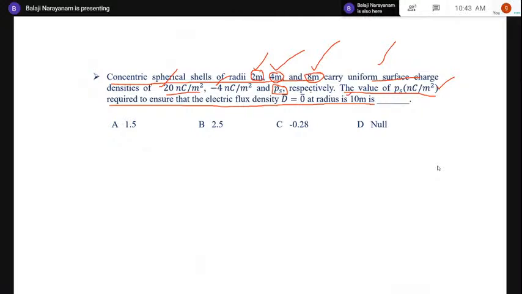So you are supposed to find the flux density at a radius of 10 meter, using all these charge densities and the radii of the concentric spherical shells. This is the given problem.